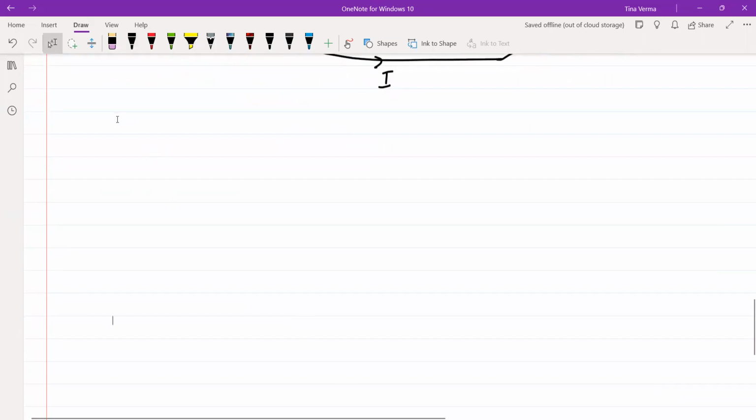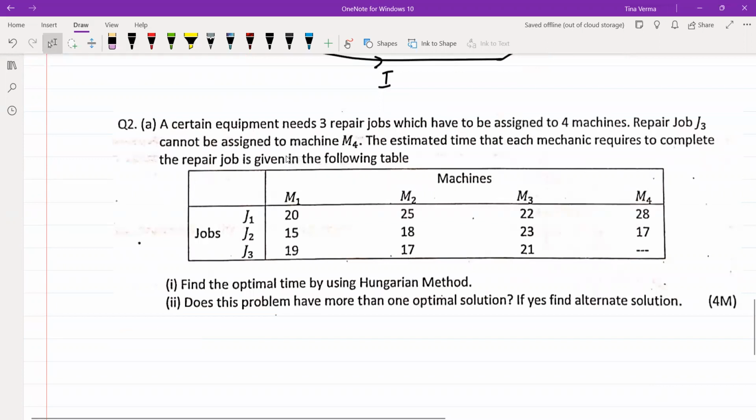Whenever you have to apply the Hungarian method, firstly, I always say you have to check whether it is a problem of minimizing the cost. Nothing is given regarding that, so that means this is a minimization problem. Next, you have to check that it should be a balanced problem.